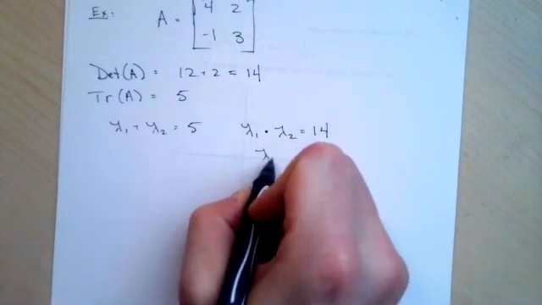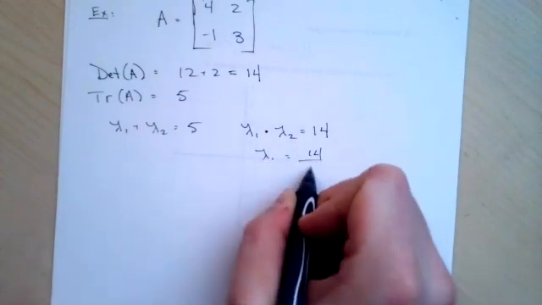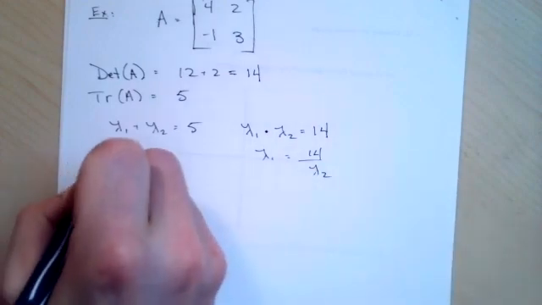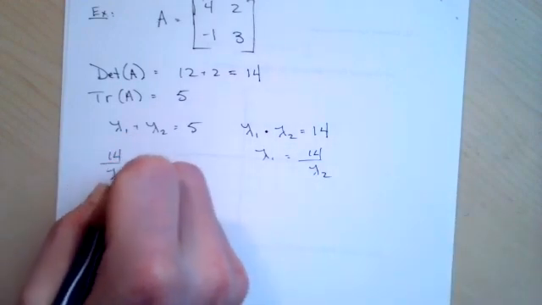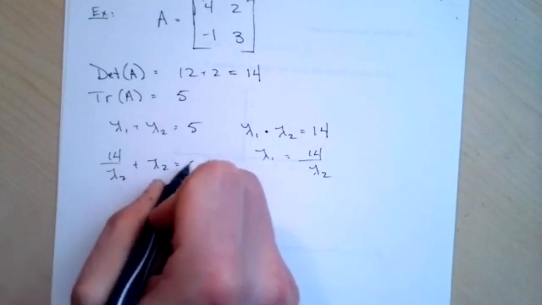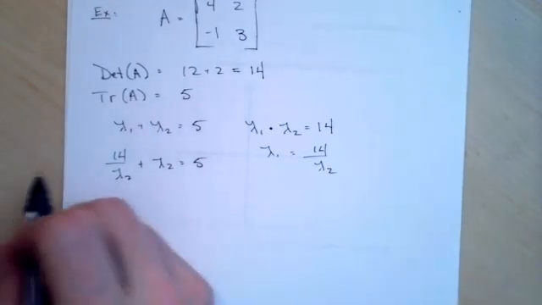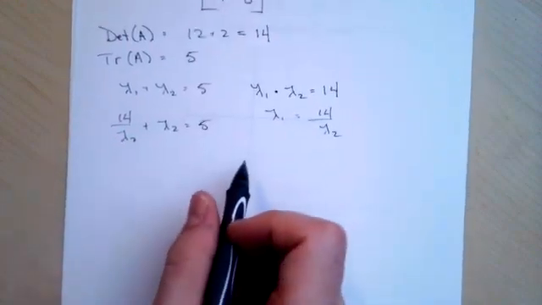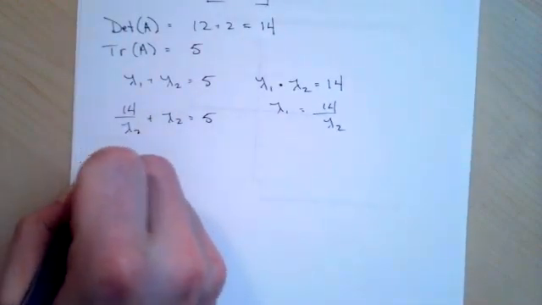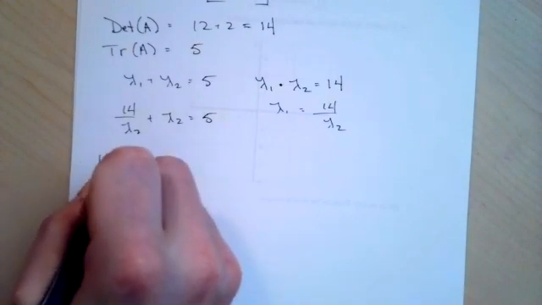It looks like the numbers I chose were not actually very helpful since we're getting prime numbers and 14s. So you could do something like lambda 1 is 14 over lambda 2. And so we've got 14 over lambda 2 plus lambda 2 equals 5. And then solve from there. So the quick way, the slightly improper way, is to just multiply everything by lambda 2.